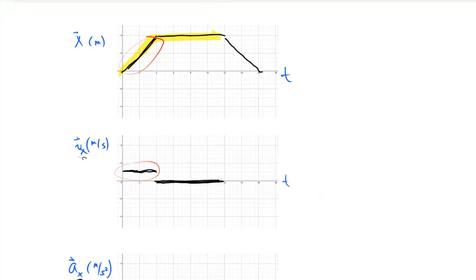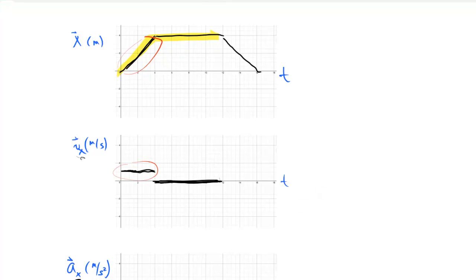So we had positive velocity from 0 to 4 seconds, zero velocity from 4 to 12 seconds, and then in this last region, the slope is -1. This goes down 4 and over 4, so the slope was -1, meaning that the value of the velocity will be -1.